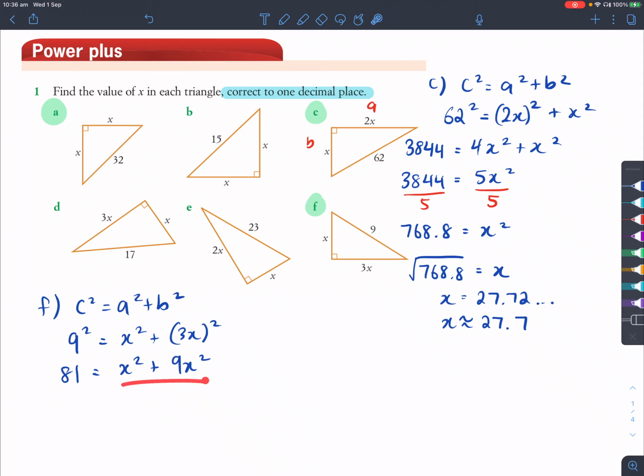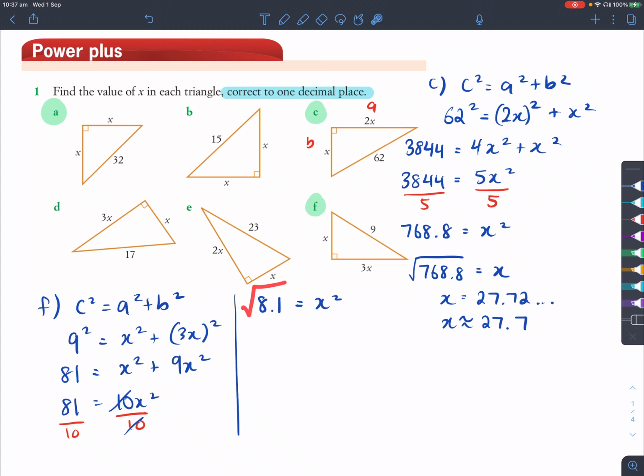Adding these two together will give us 10x squared, because in front of the x squared is a 1, so 1 plus 9 is 10. Then we divide both sides by 10 to eliminate that 10 and leave just the x squared. So 81 divided by 10 gives us 8.1, which is equal to x squared.